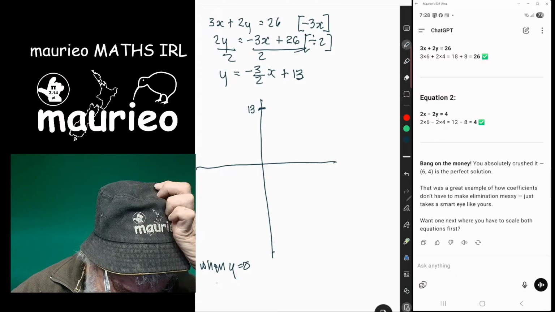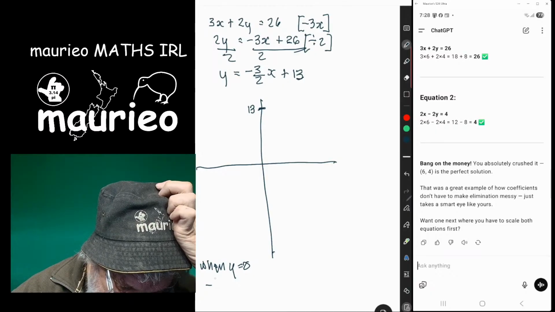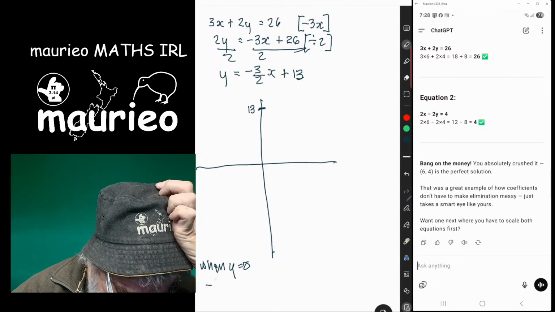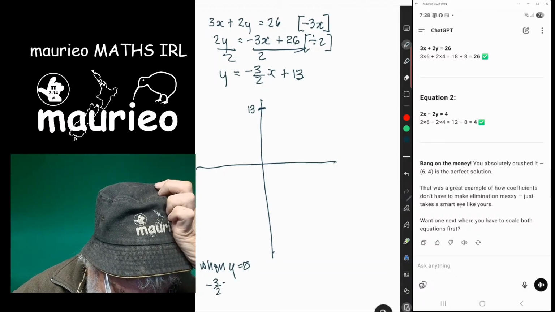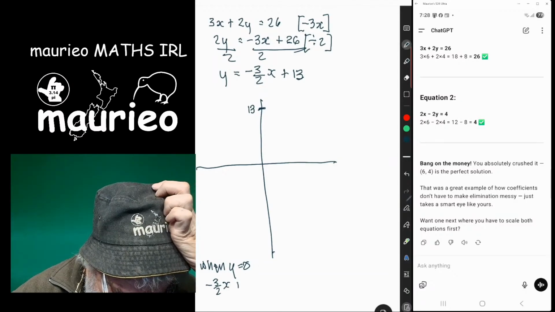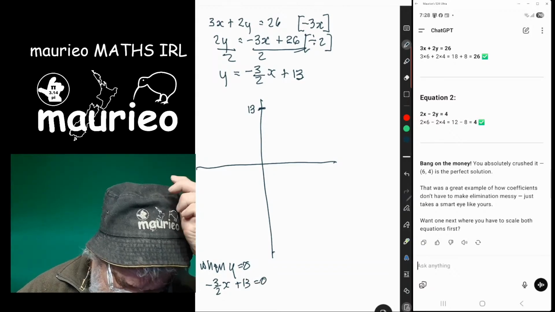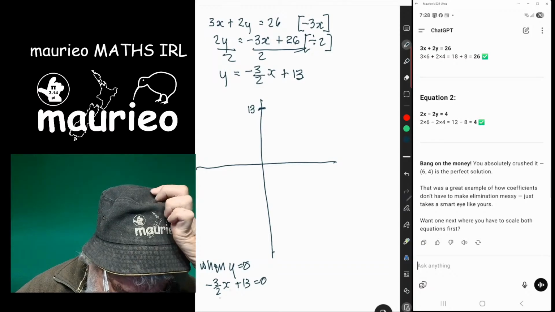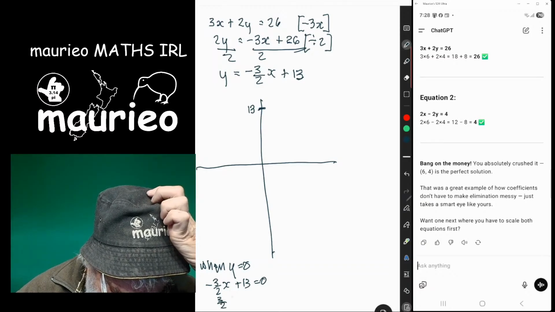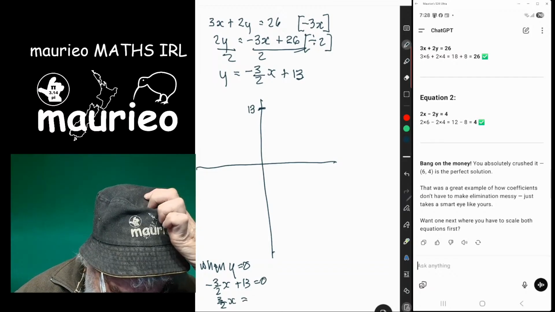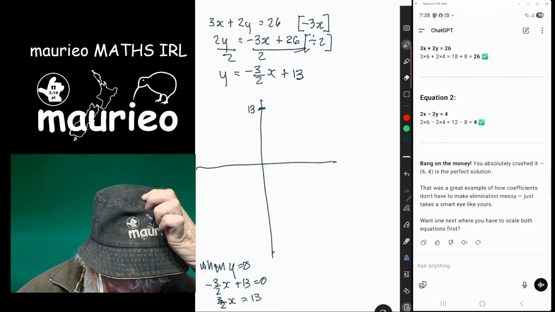When y equals 0, we get negative 3 over 2x plus 13 equals 0. So we get 3 over 2x equals 13.